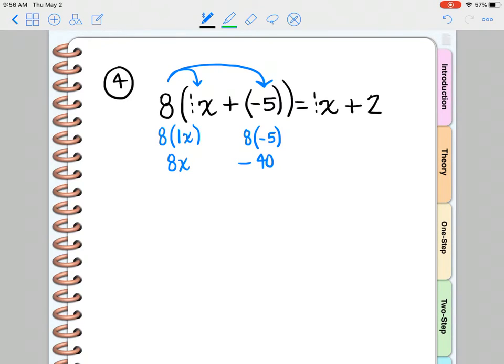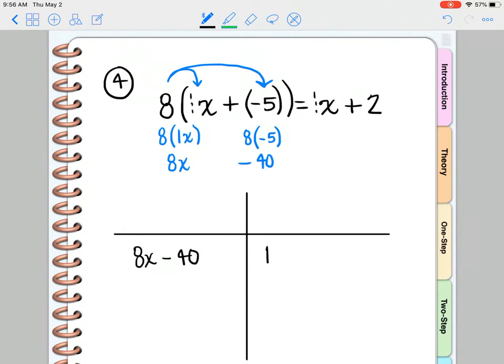And then we're ready to set up our problem. So we have 8x minus 40, 1x plus 2, and so the 8 is the boss variable. And the constant.